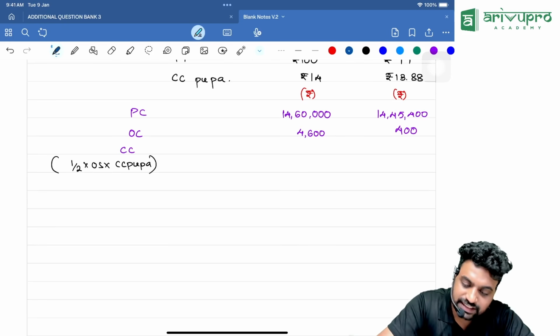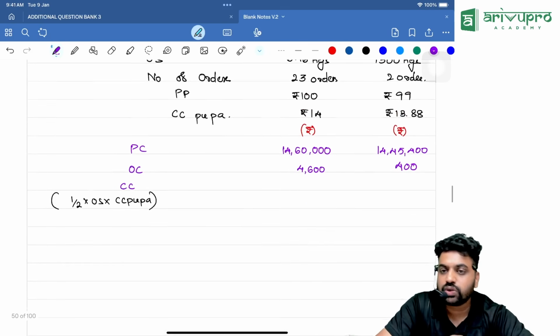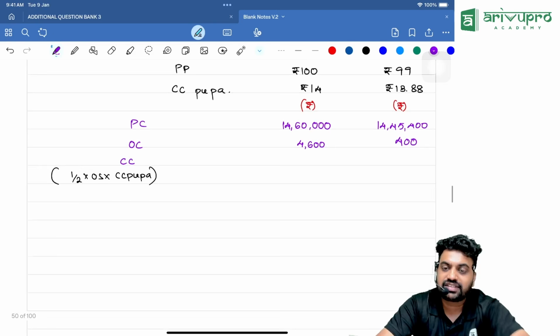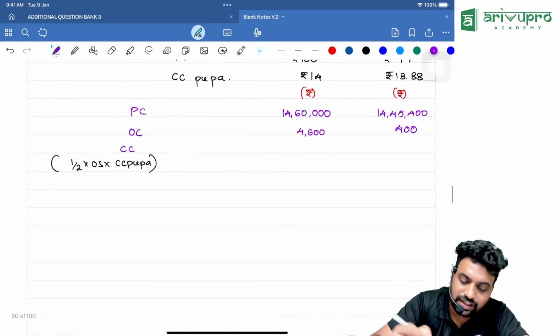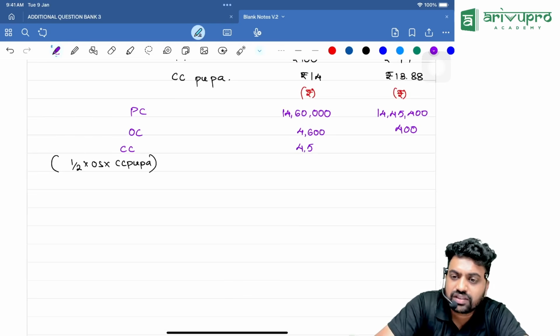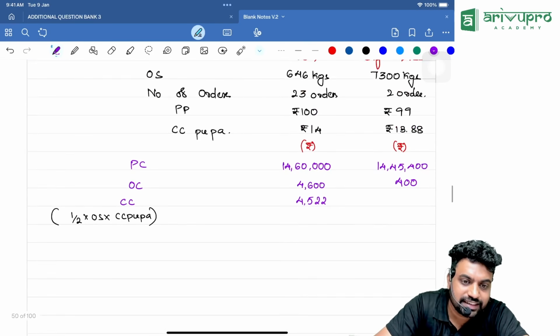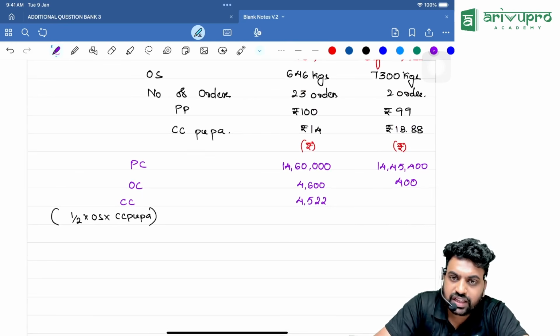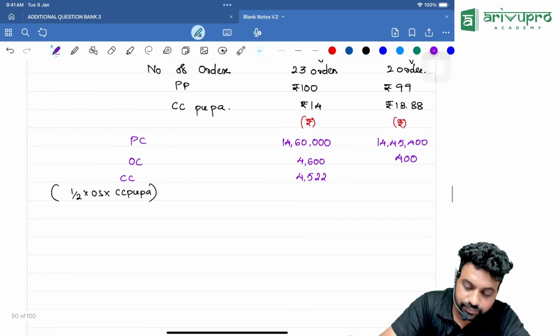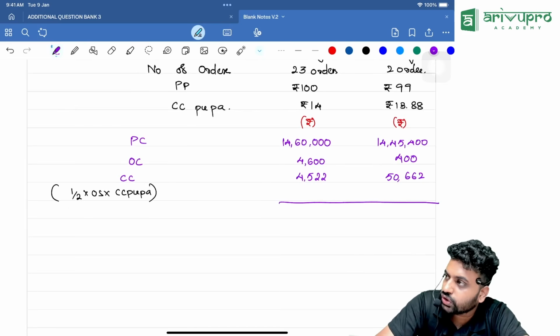Half of the order size in first case is 646 into 1 by 2, that is 323. 323 into 14 will come to 4,522. And half of 7,300 is 3,650 into 13.88. 50,662. That will give me total cost over here.